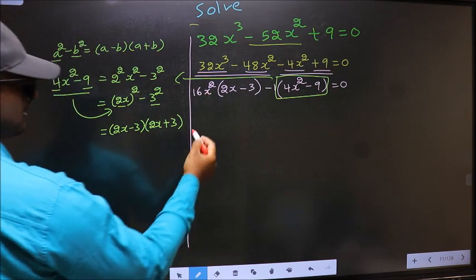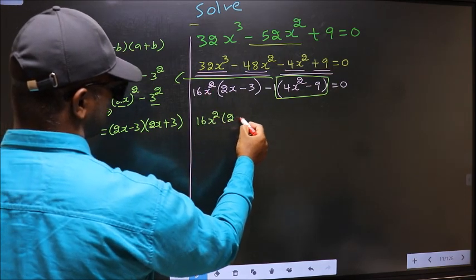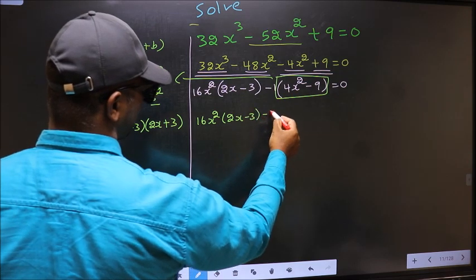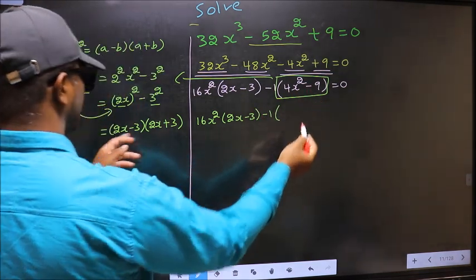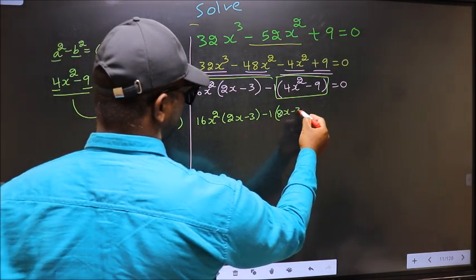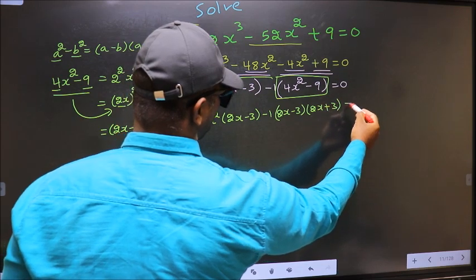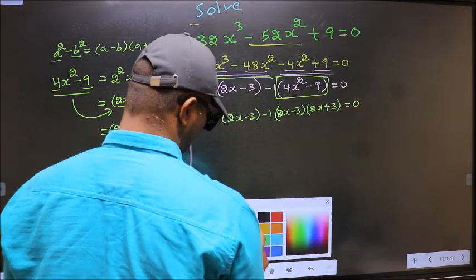So this equation becomes 16x square times 2x minus 3, minus 1, in place of this 1, 2x minus 3, 2x plus 3 equal to 0.